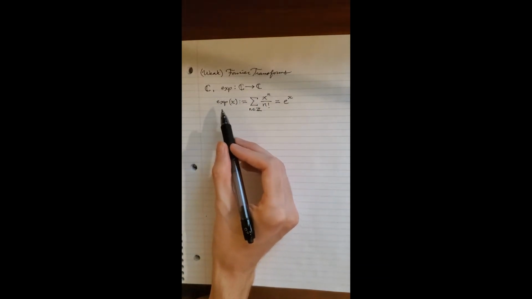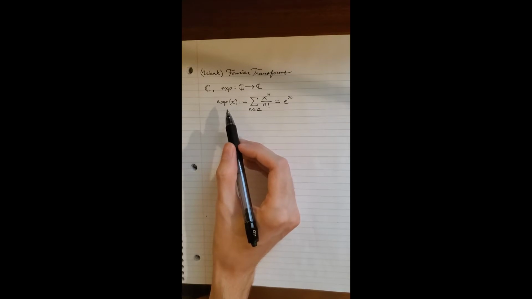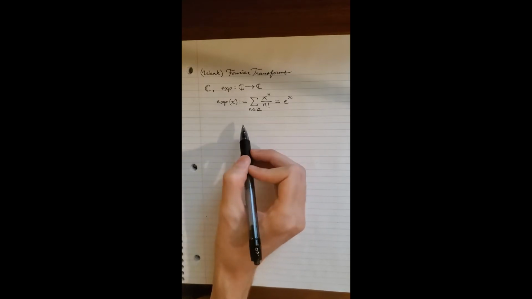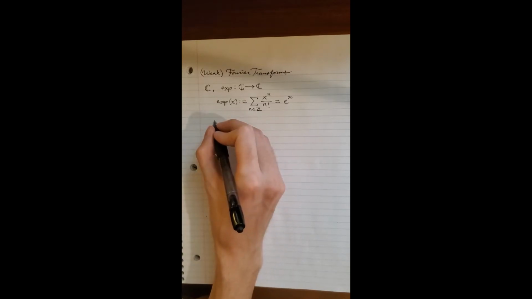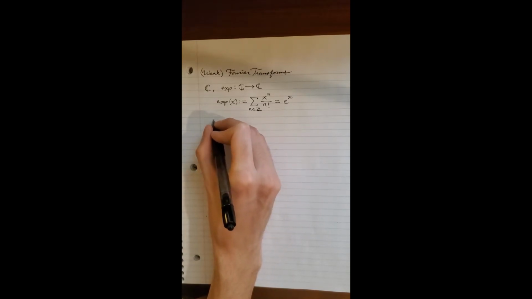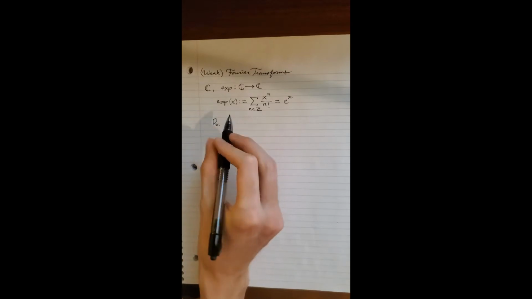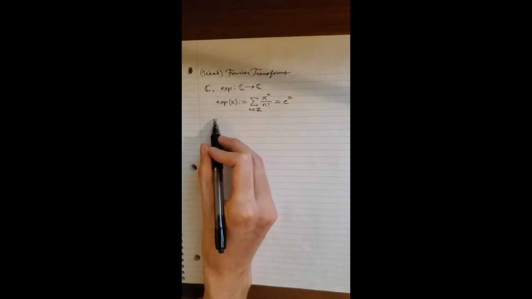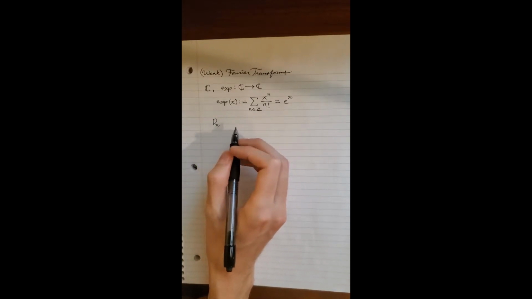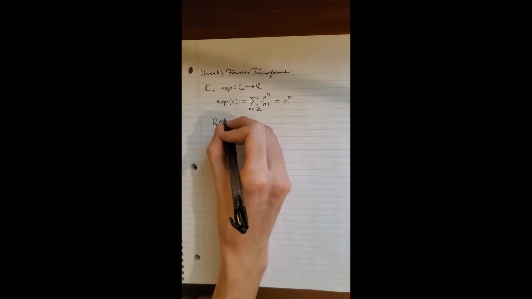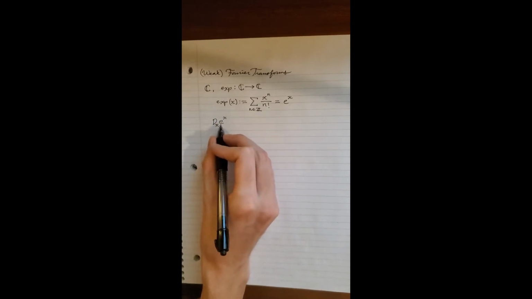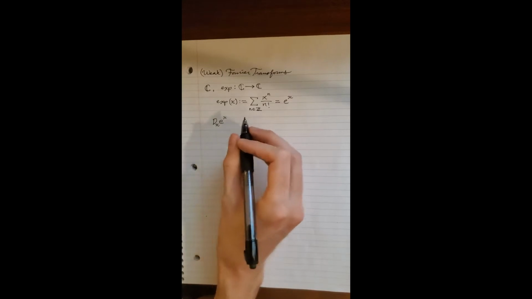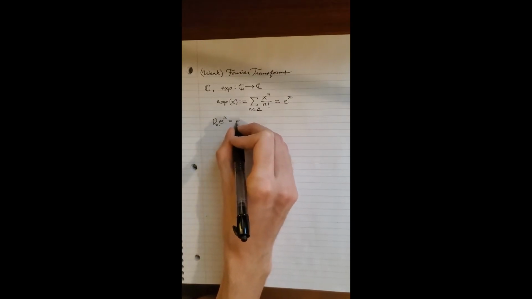The cool thing about the exponential function is that it's an eigenfunction of taking the derivative, which means if you take the derivative, which here I'll write as an operator, d sub x, meaning take the derivative with respect to x, of the function e to the x, you'll just get e to the x back.